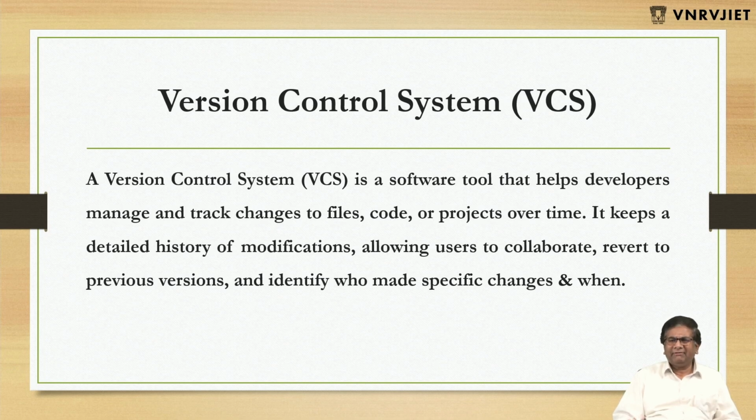Now, what is a version? A version is nothing but a slightly different copy of the old version of a file. Let's say there is a file, 1.txt, in which today I typed ABC and saved it. That is version number 1. Tomorrow I came and typed DEF in the same file and saved it again. Now this is version number 2. In version number 1, ABC is there.